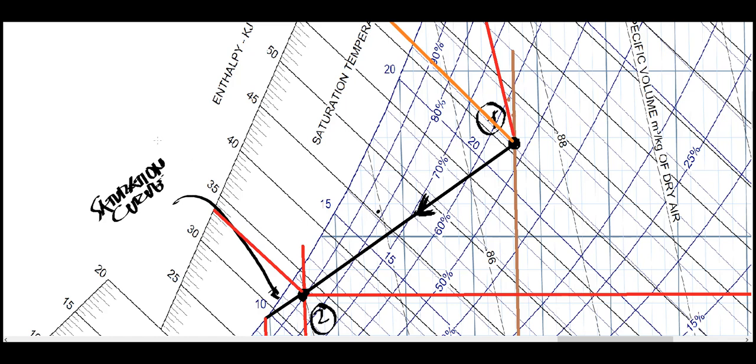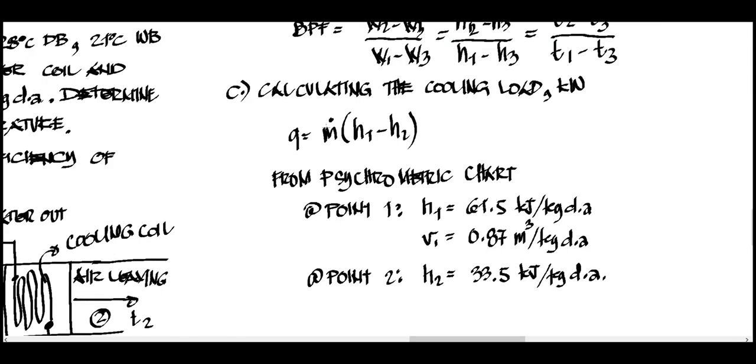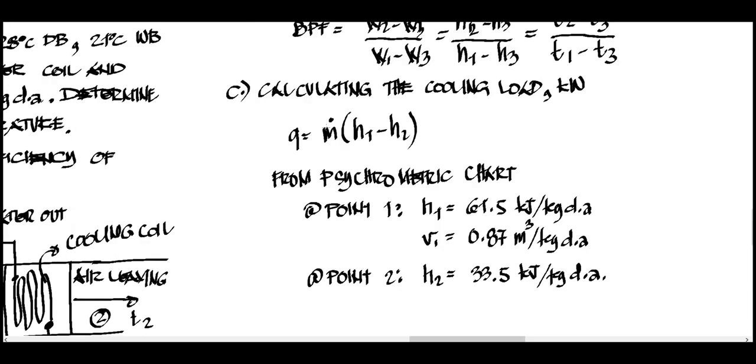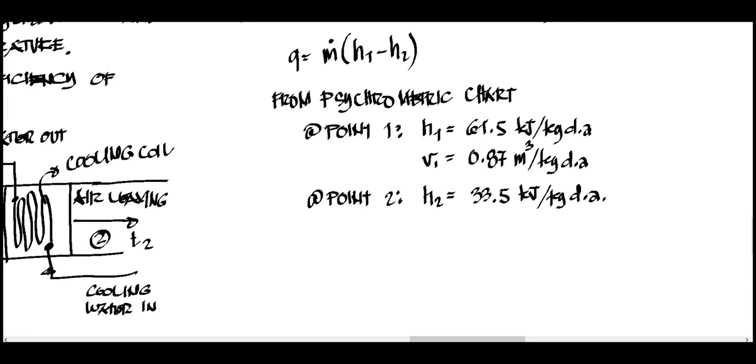So we have the value for enthalpy 2, 33.5 kilojoule per kilogram. So we have now the properties from the psychrometric chart, so we can now compute the cooling load.